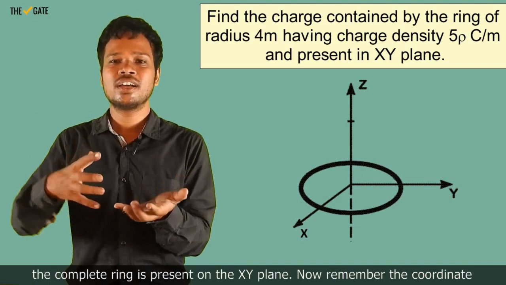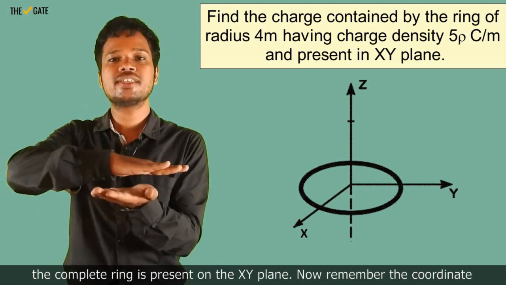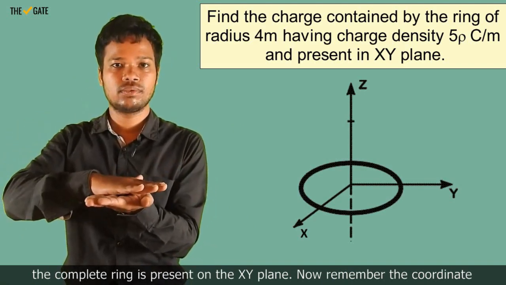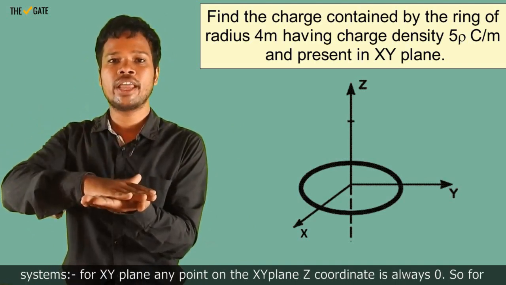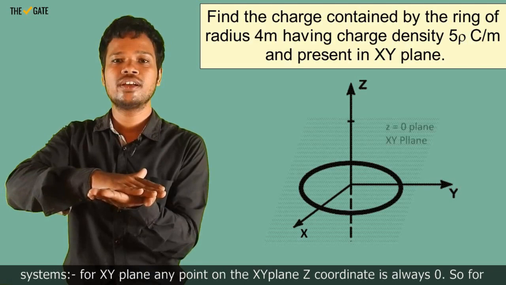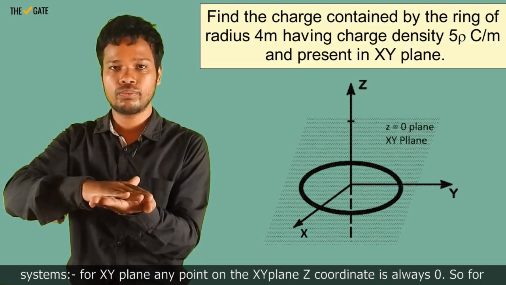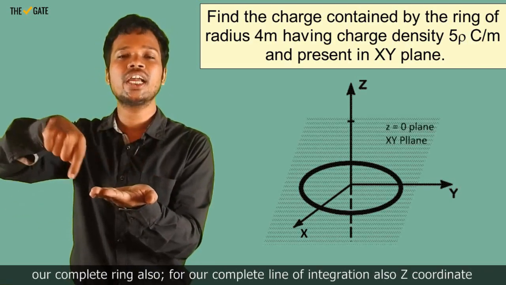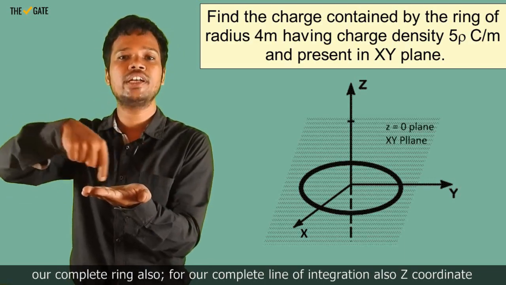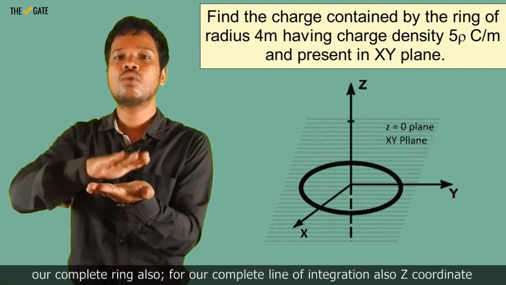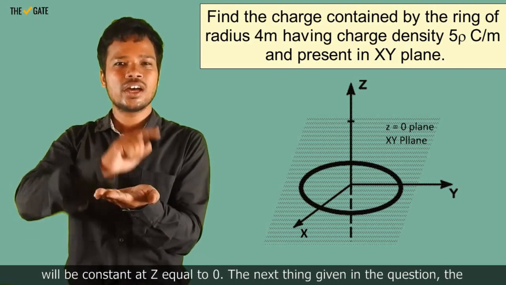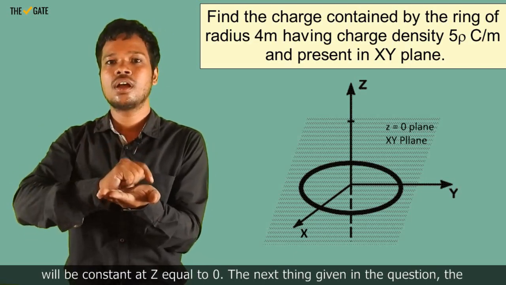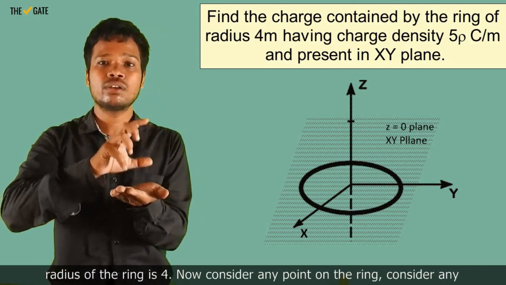It is given that the complete ring is present on the xy plane. Now remember the coordinate systems. For the xy plane, any point on the xy plane, the z coordinate is always 0. So for our complete ring, for our complete line of integration also, the z coordinate will be constant at z equal to 0.